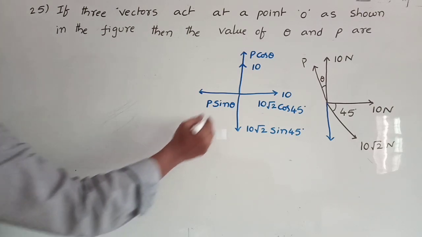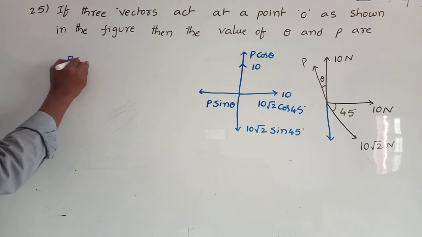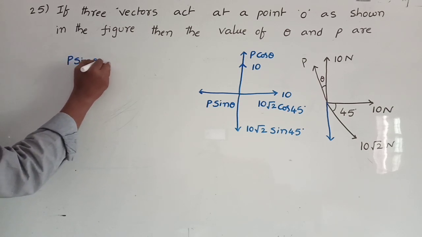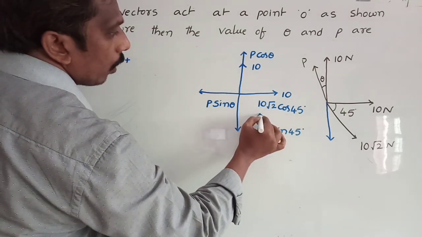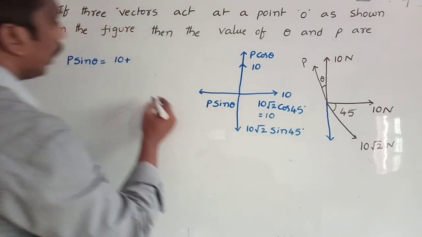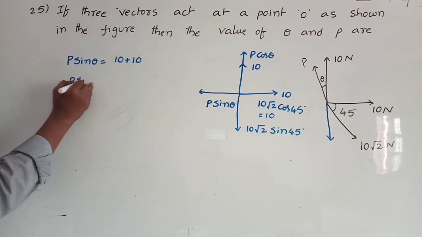Here, this point is in equilibrium. So P sin theta is equal to 10 plus 10 root 2 cos 45, which also we will get as 10 only. 10 plus 10, P sin theta we get 20.